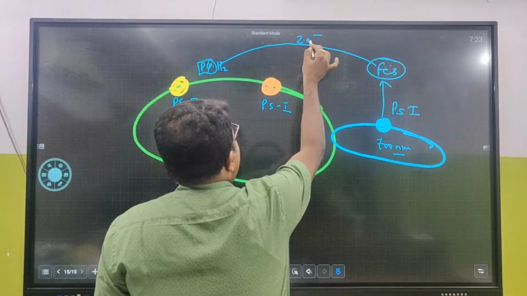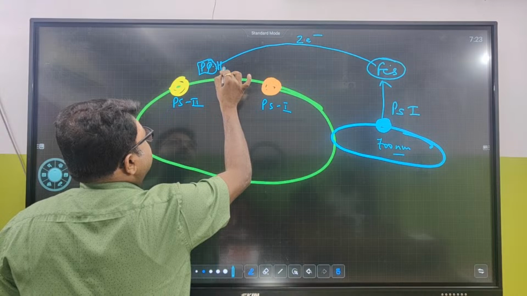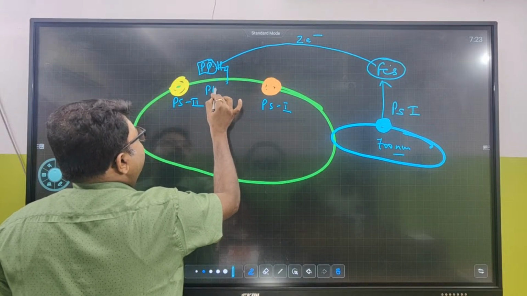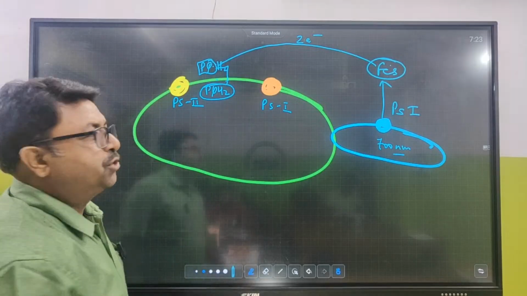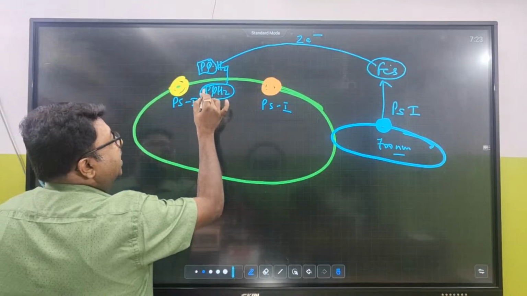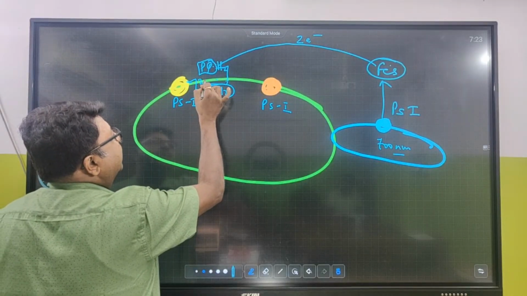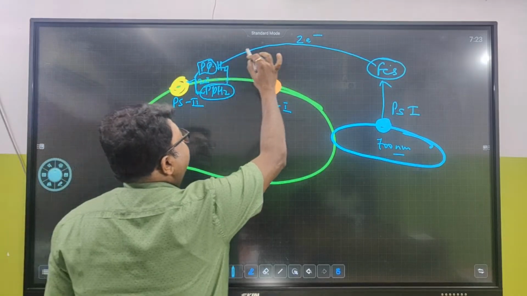This electron will be absorbed by PQ, and PQ is going to get reduced into what? PQH2. And this PQH2 is going to give the electron back to PS1. And this is how it works.